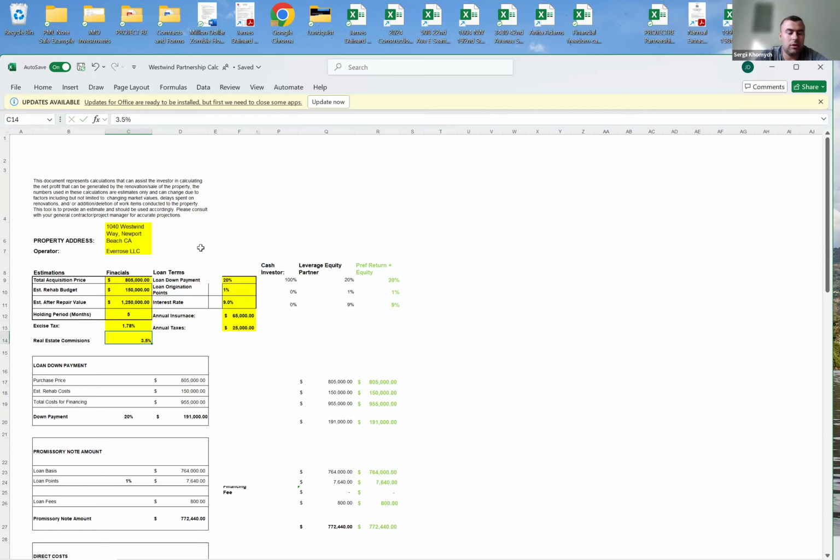Remodel is going to take us about 2.5 to 3 months, and sell depends on the market. Okay, so let's say 6 months, in and out. Okay, 6 months. All right, so let's fix your annual insurance. This is not going to be right.